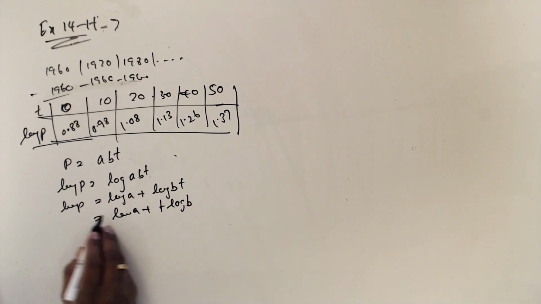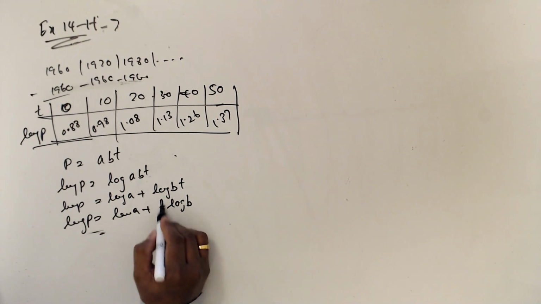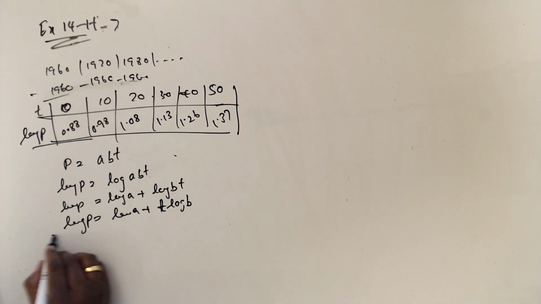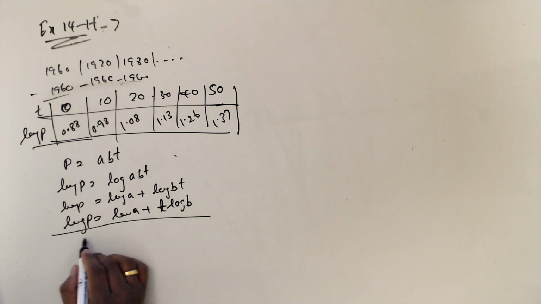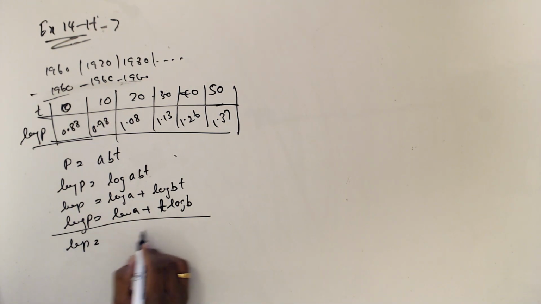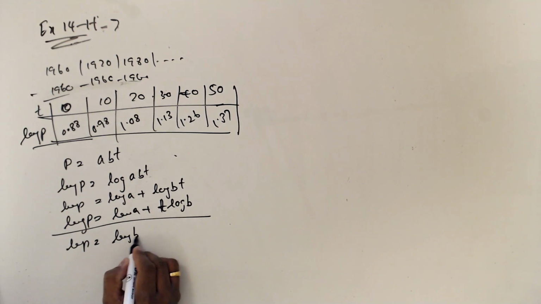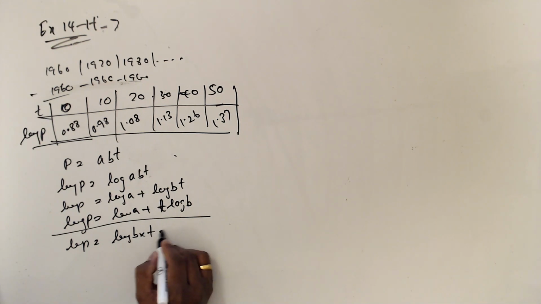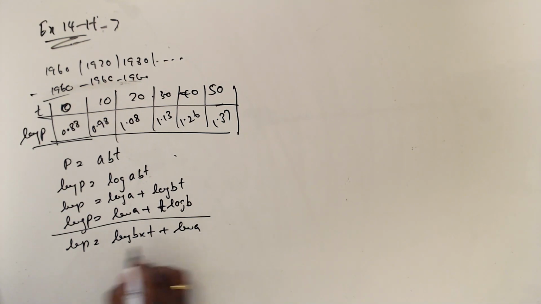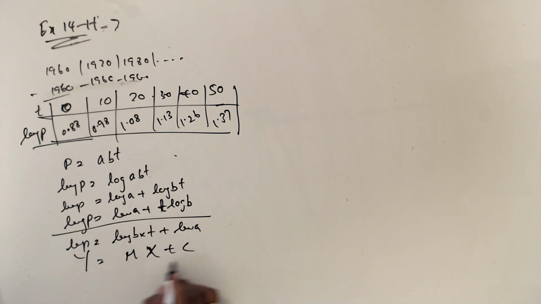So next step is y equals mx plus c: log p equals log b times t plus log a. So this is y equals mx plus c form.